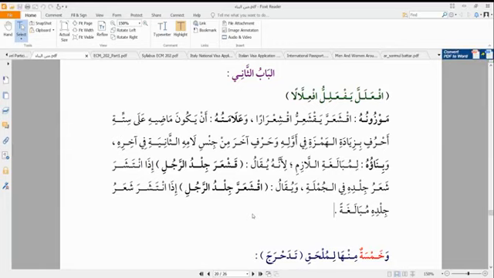Those that fear their Lord, their skins tremble out of fear when they hear the words of Allah subhanahu wa ta'ala. So it means something should shake vigorously. When it is used in this context of jild, it means the person is in fear and the person's hair stands up. Those are the bina' of the mazid of fa'alala.